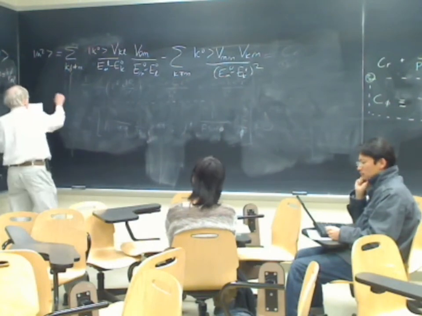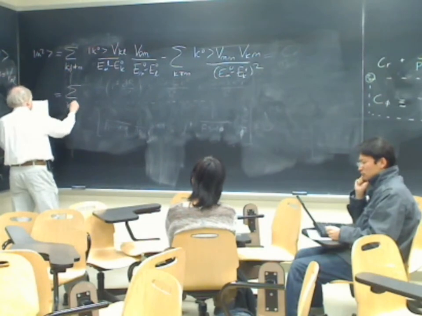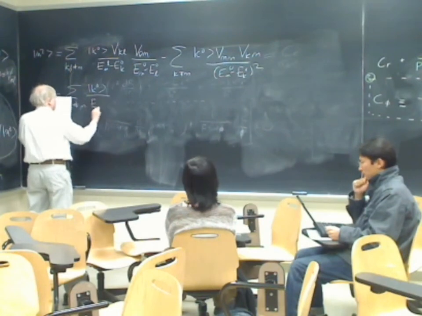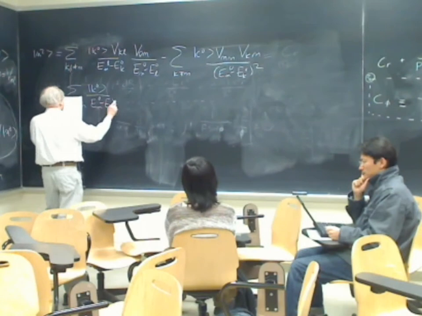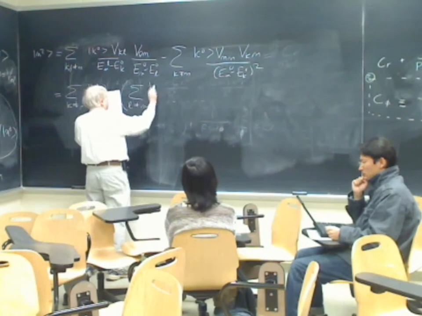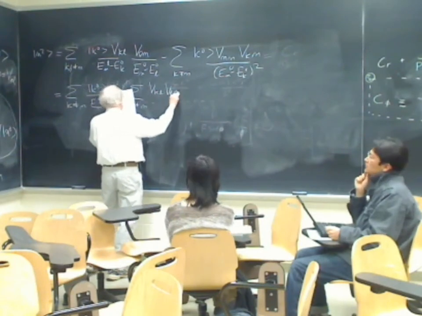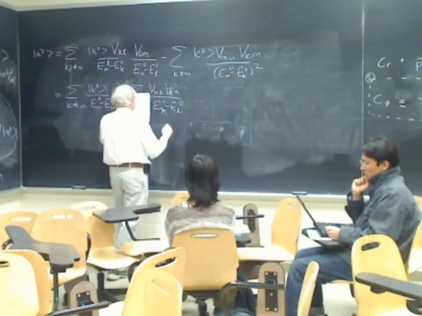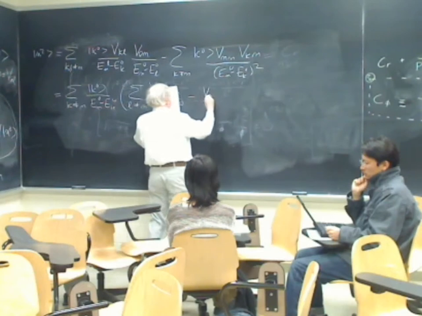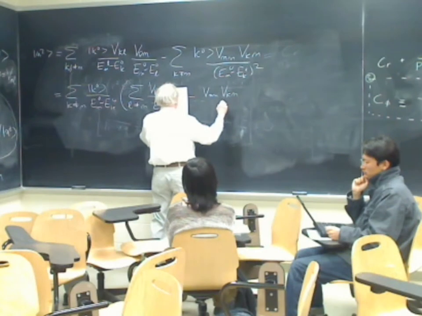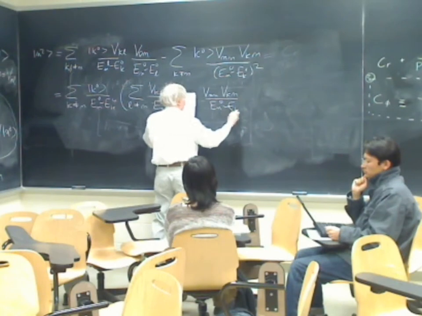All right, a slightly better way of writing this is a sum k not equal to n, k0 over En0 minus Ek0 times a sum L not equal to n, VKL VLN over En0 minus EL0, minus VNN VKN over En0 minus EK0.